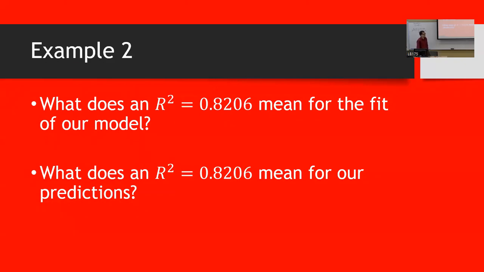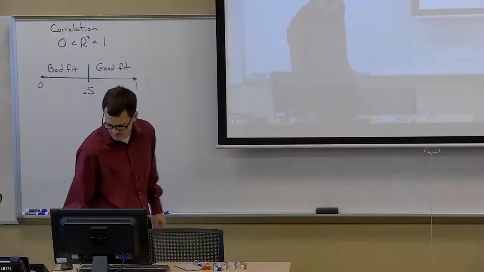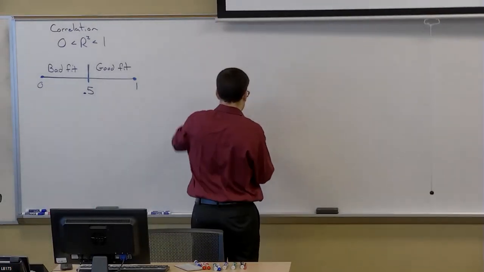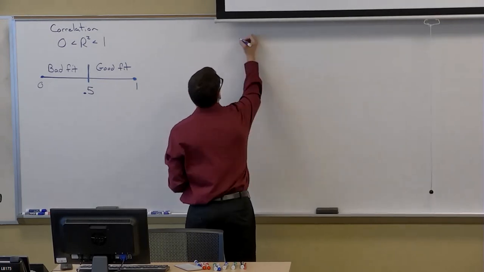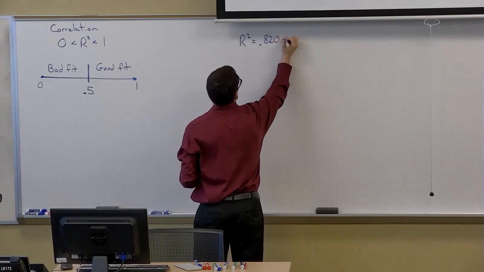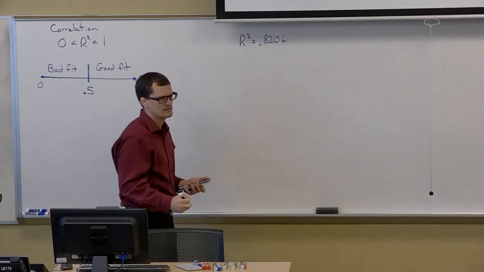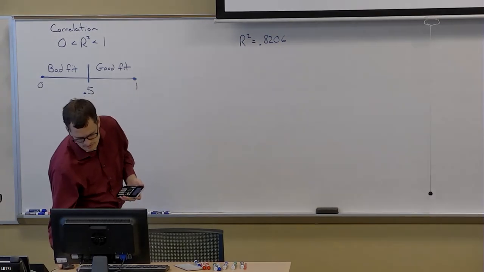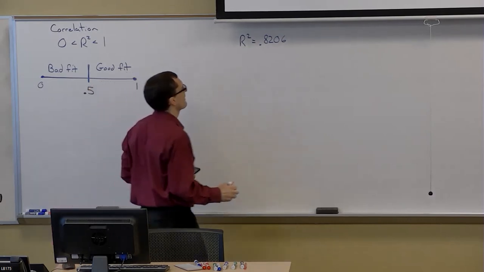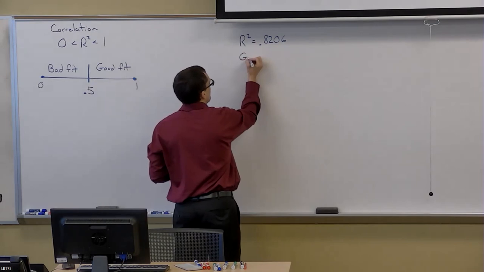Now remember, let me just write this down. We had an R squared of 0.8206. Yes, that means we have a good fit.